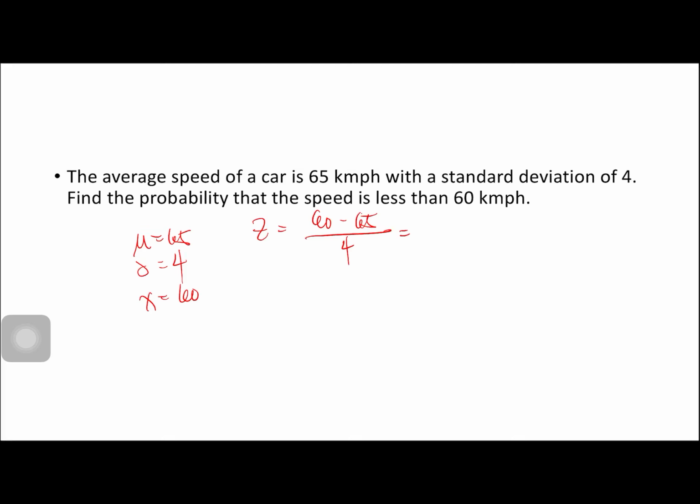So that gives us negative 1.25. So in our normal curve, okay, we have here our negative 1.25. So less than that, it's located where? At the left.